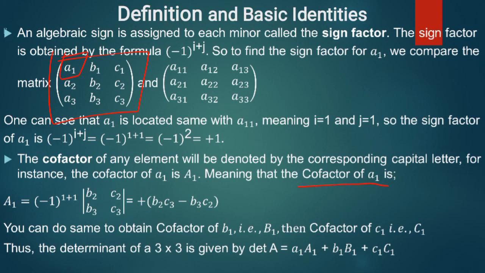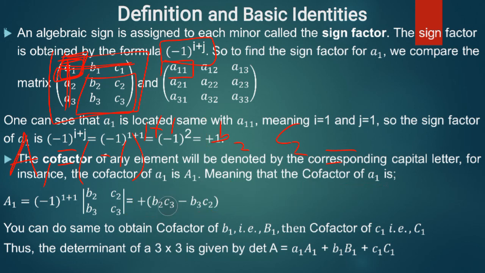What they want you to find is capital A1 equal to the sign factor along A1, which is minus 1 raised to power 1 plus 1, because the location of small letter A1 is the same location, times the determinant of the minor of A1, which is B2, C2, B3, C3. You can multiply this out and get your final value, which is what you can see on the screen there.